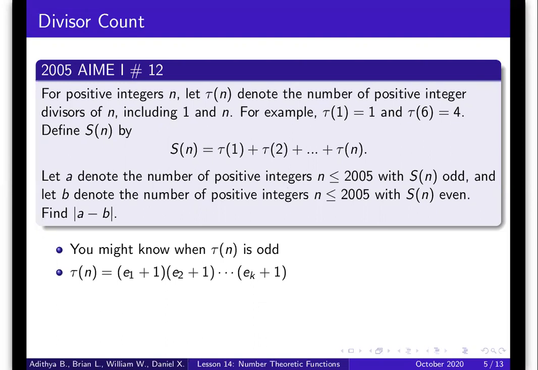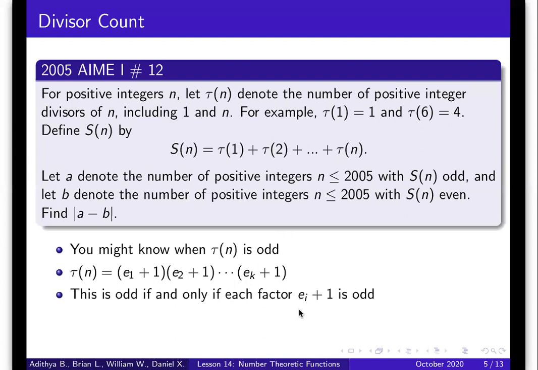So if we assume that the exponents in the prime factorization are e1 through ek, then tau is (e1 plus 1) through (ek plus 1). And this tau of n is odd if and only if all of the factors are odd. If a single one of the factors is even, then tau of n will be even.